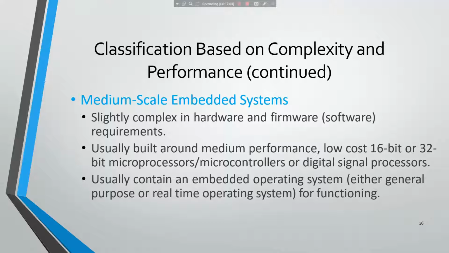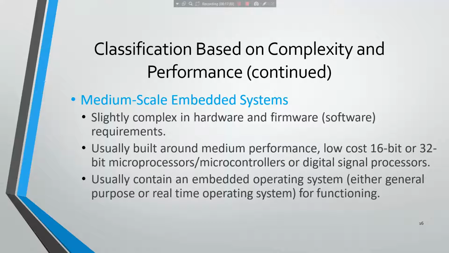Previously we saw that 16 and 32 were not available, but 8 and 16 were available in the small scale. In medium scale the complexity will increase a little bit. If complexity increases a little bit, obviously the performance of the CPU should also increase. That is the reason we use 16-bit or 32-bit microprocessors.